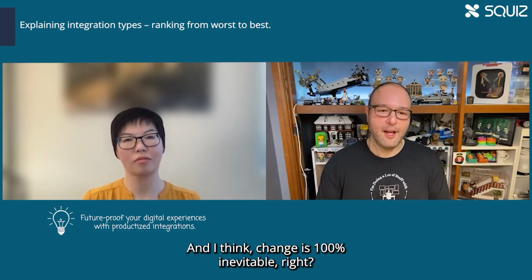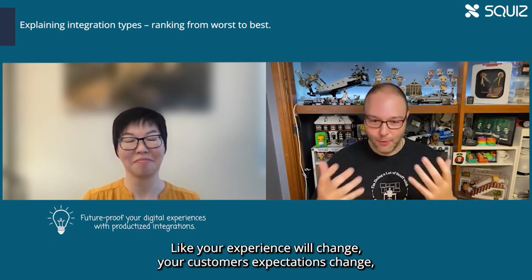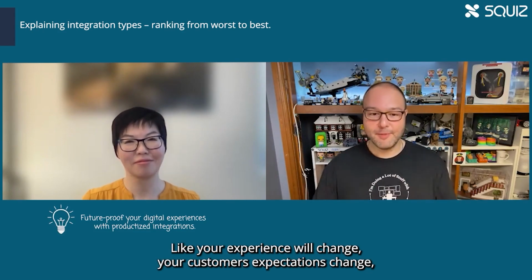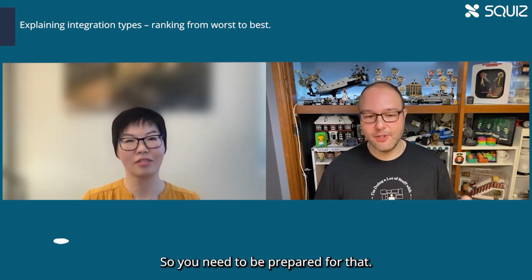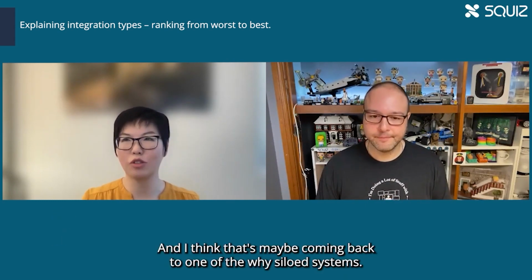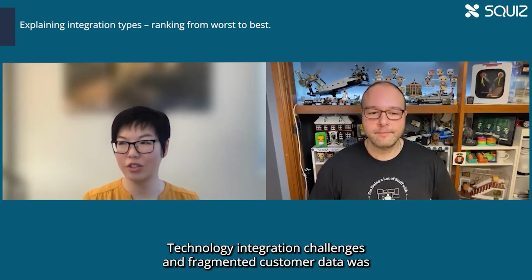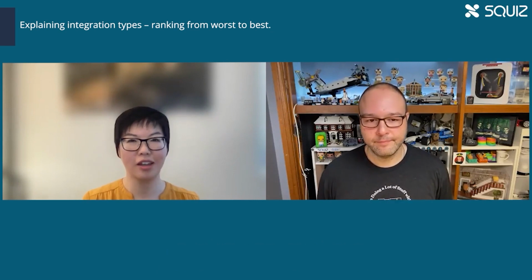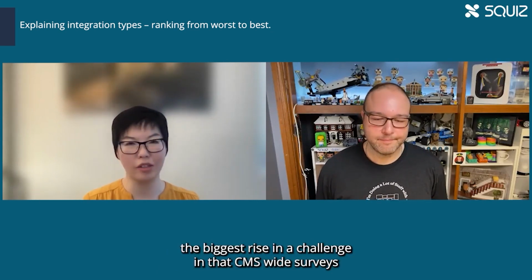And I mean, change is 100% inevitable, right? Your experience will change, your customers' expectations will change, your organization will change, the industry changes. So you need to be prepared for that. And I think that's maybe coming back to why siloed systems, technology integration challenges and fragmented customer data were the biggest rise in challenges in the CMS-wide surveys.